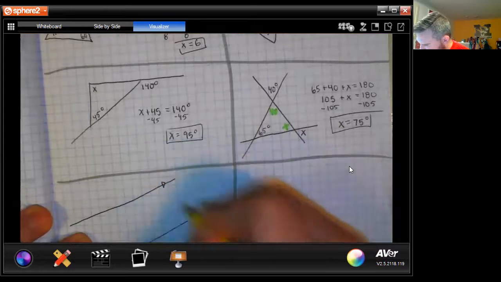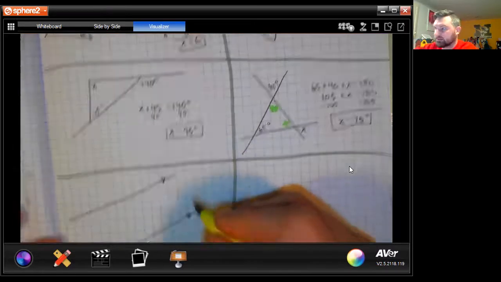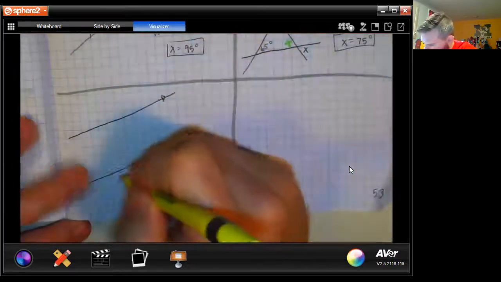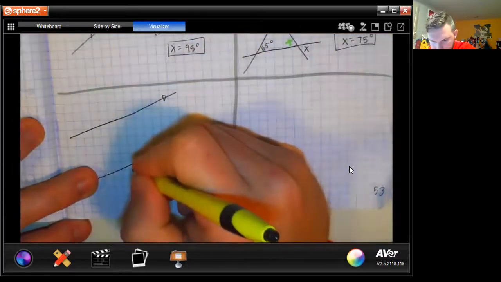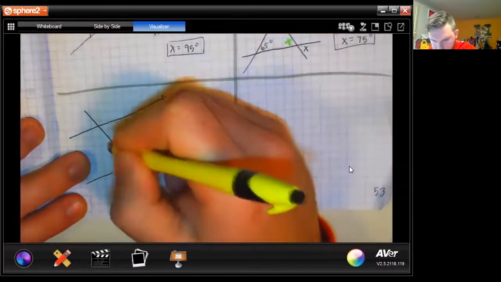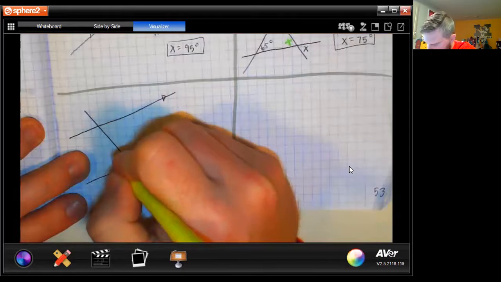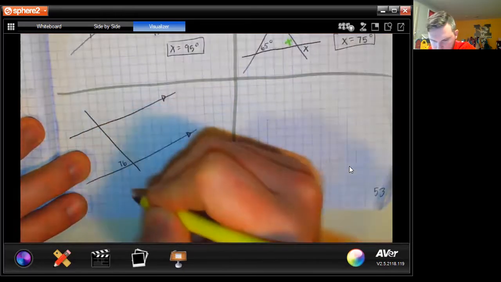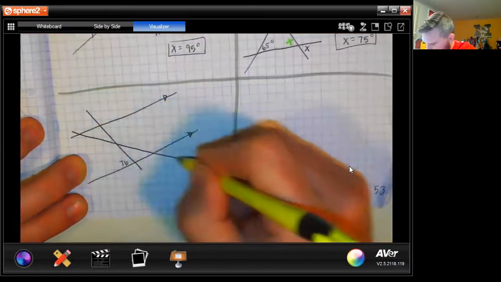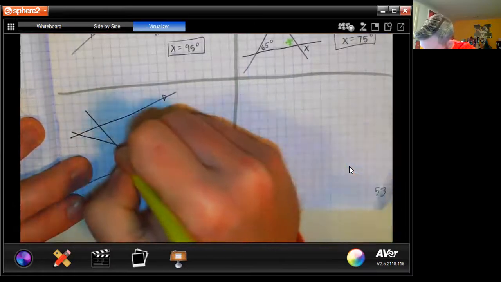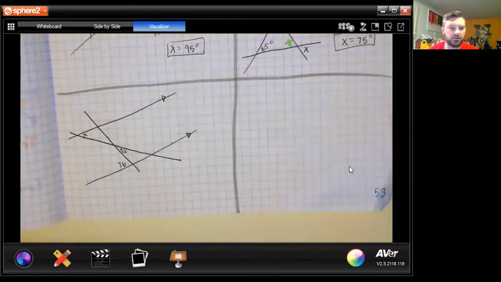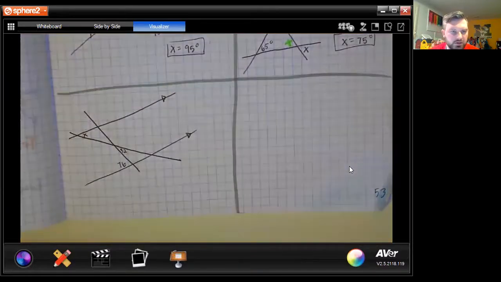We're given some parallel lines here, some parallel segments. All right, this one's a little bit different.